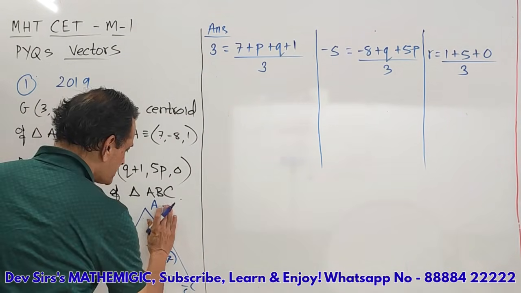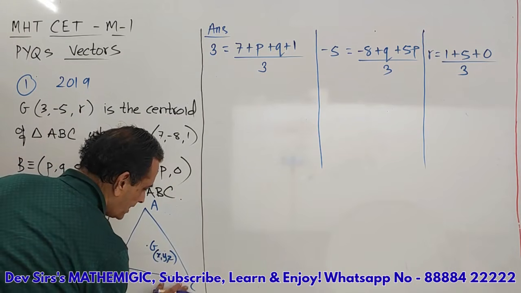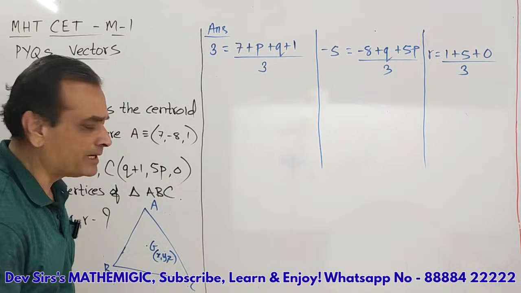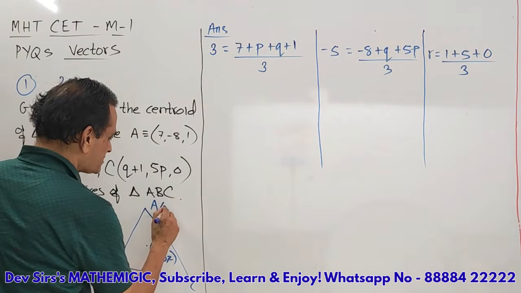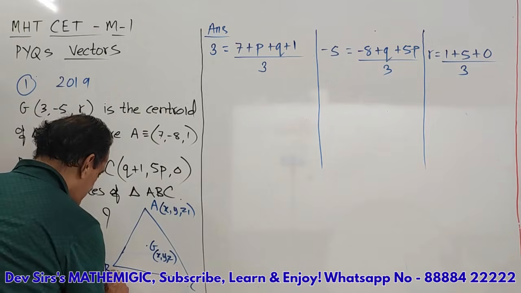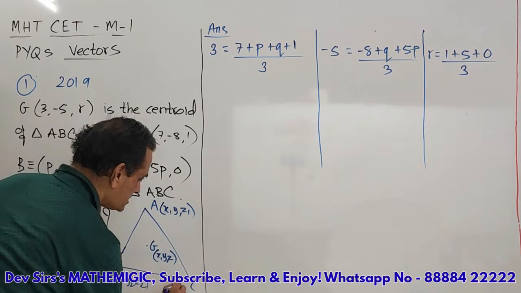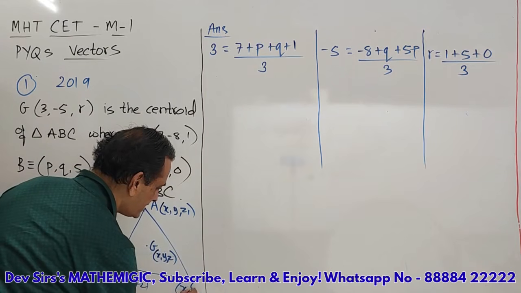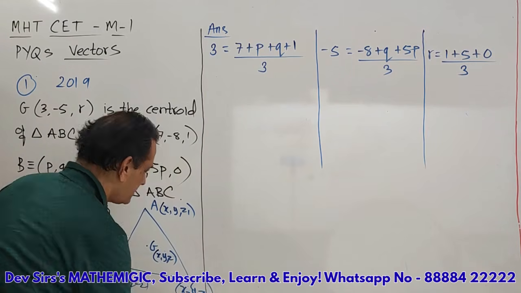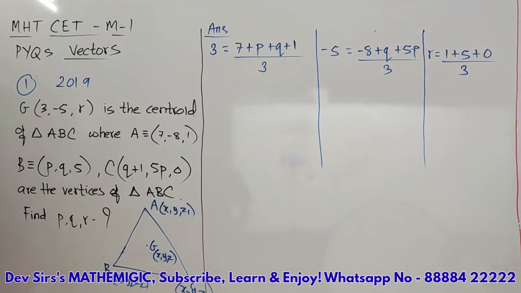I won't call these vectors now; I am going to use the basic coordinate formula method. A is X1, Y1, Z1. B is X2, Y2, Z2. C is X3, Y3, Z3. G is X, Y, Z.